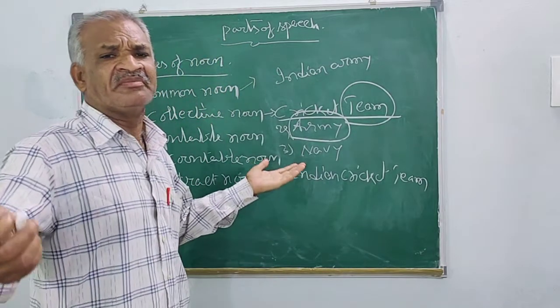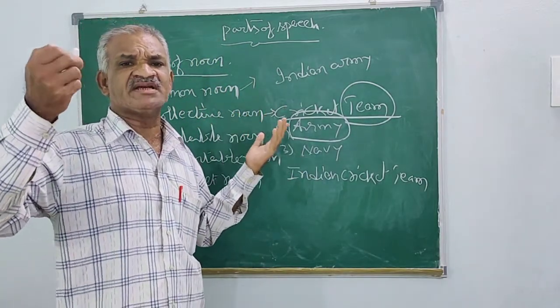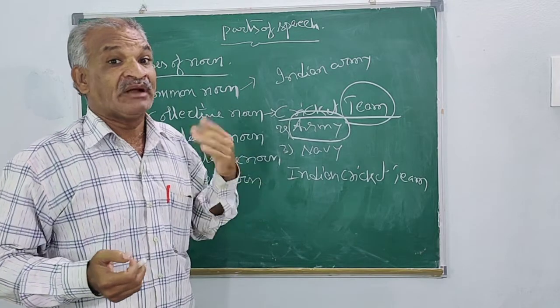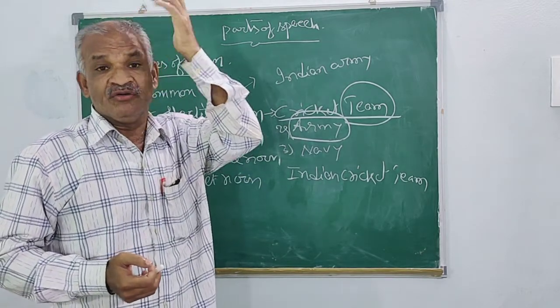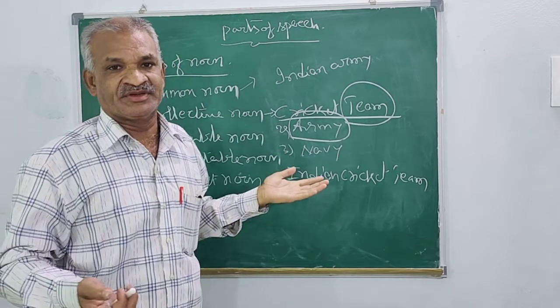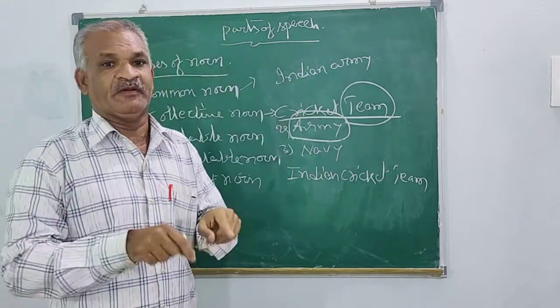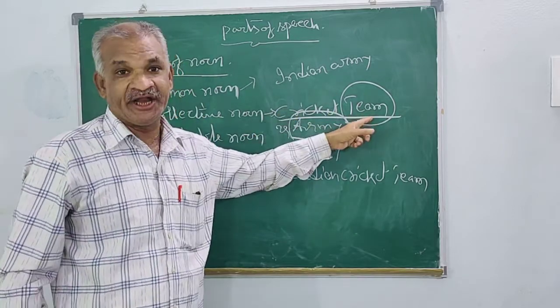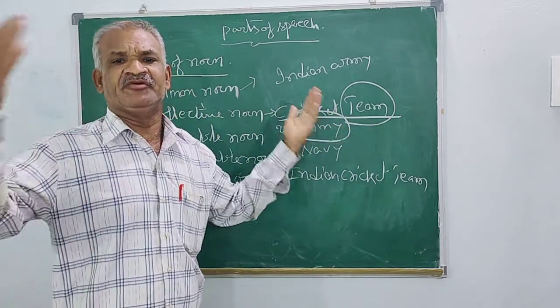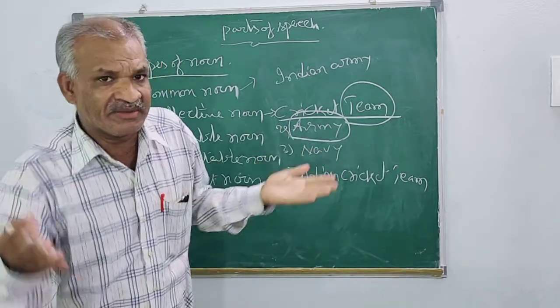Army. There are lakhs and thousands of people. But for those lakhs of people, we need not give a number of names. For all the people, it is a group name. Cricket team: 15, 20, 25, 30 members may be there, 10 members may be there.